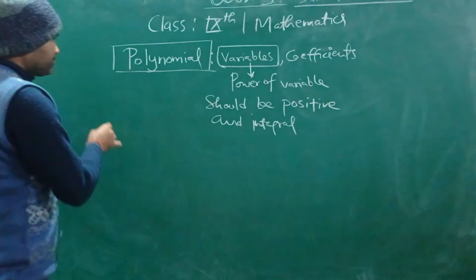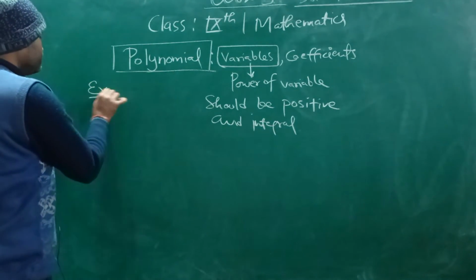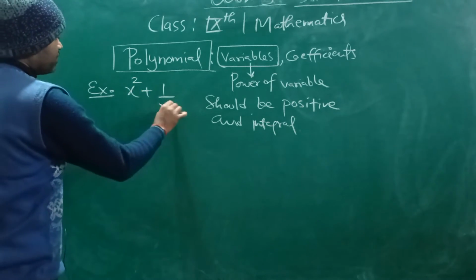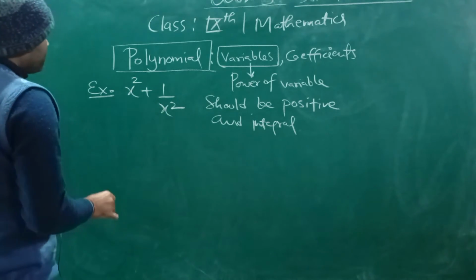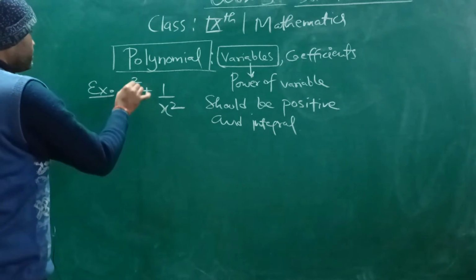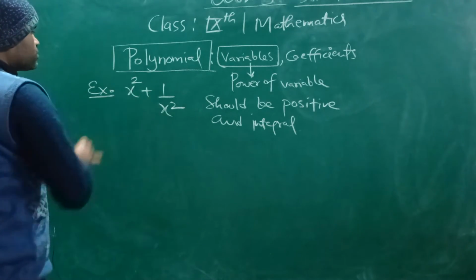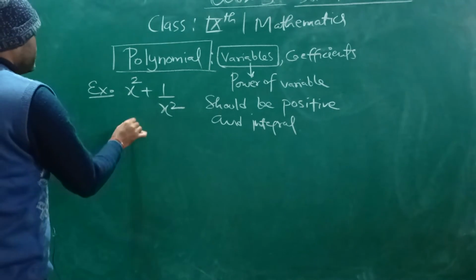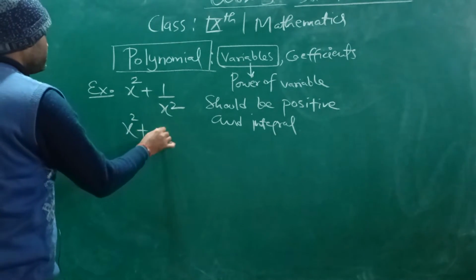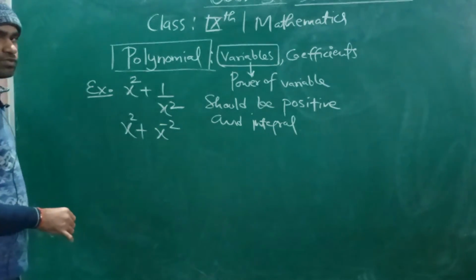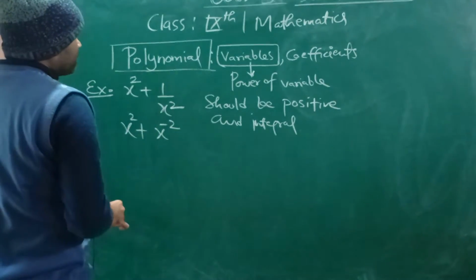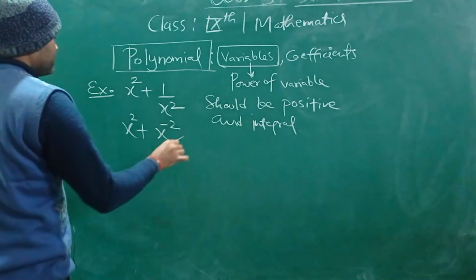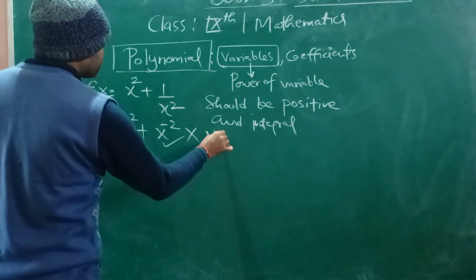For example, if we take x square plus 1 upon x square, the first term is okay with positive, integral power 2, but the second term is not okay, as it contains power minus 2, x to the power minus 2. Hence it is not a polynomial.